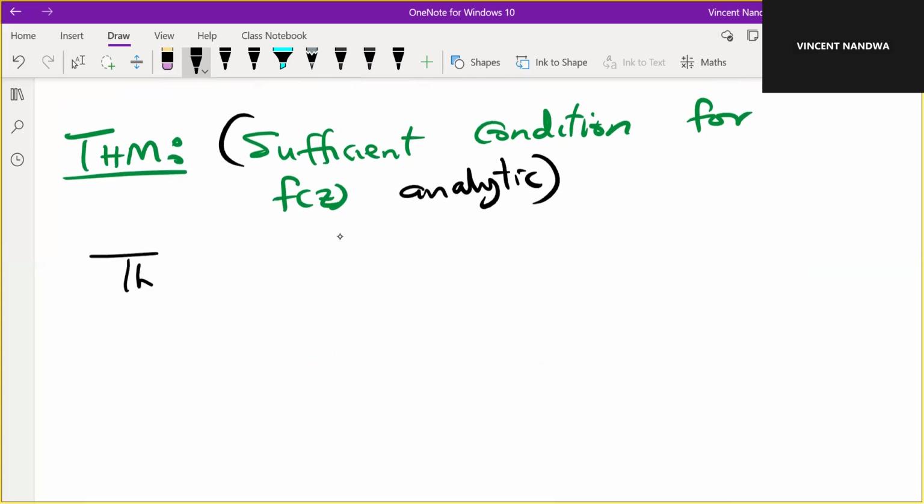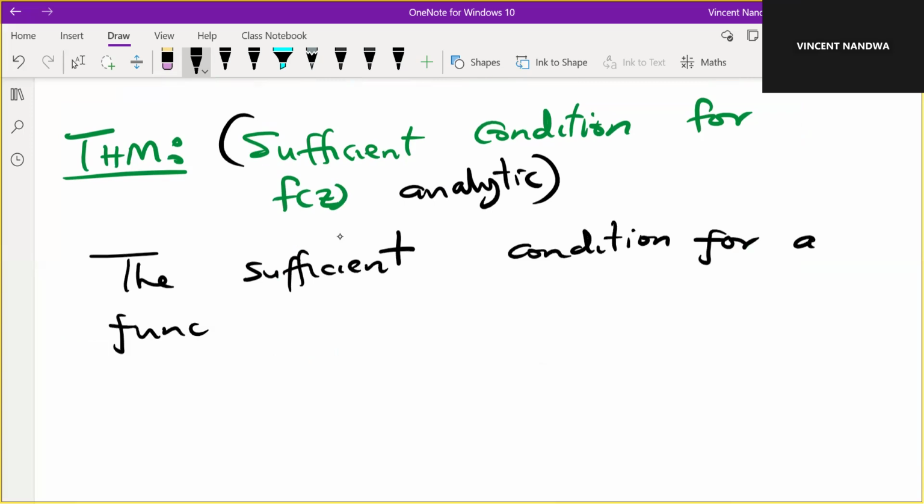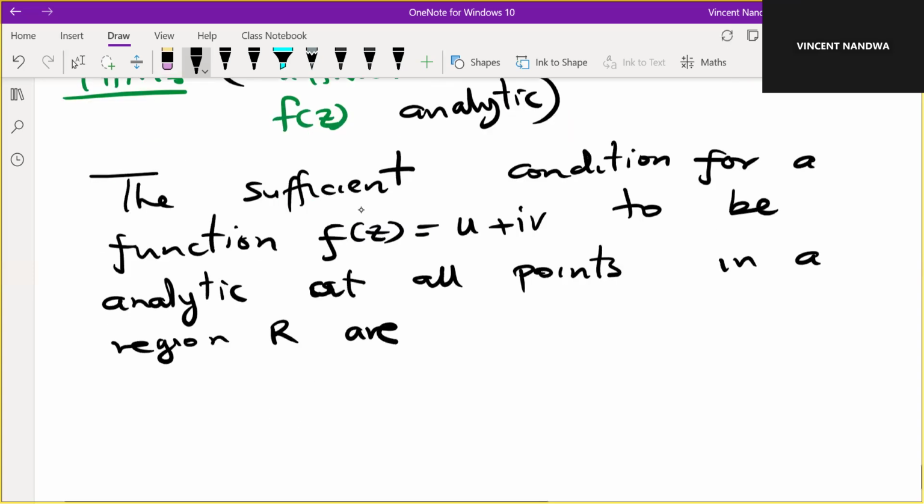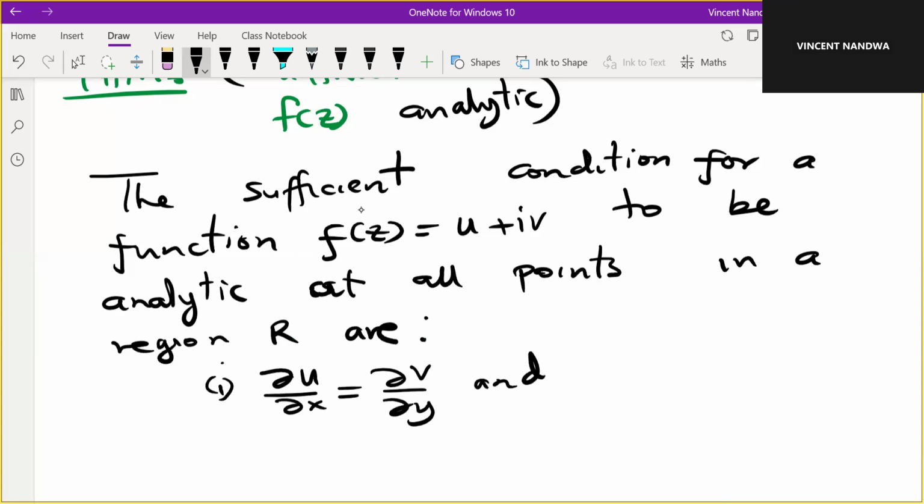So the sufficient condition for the function f of z, which equals u plus iv, to be analytic at all points in a region R: the first condition is that the CREs must be satisfied, that partial u partial x is the same as partial v partial y, and partial u partial y is negative partial v partial x.